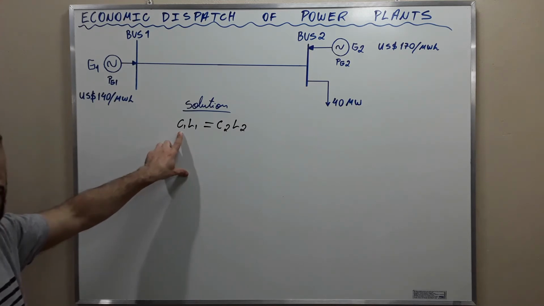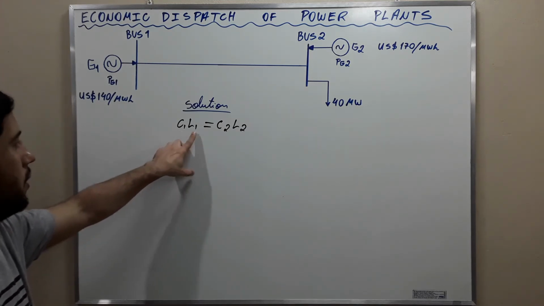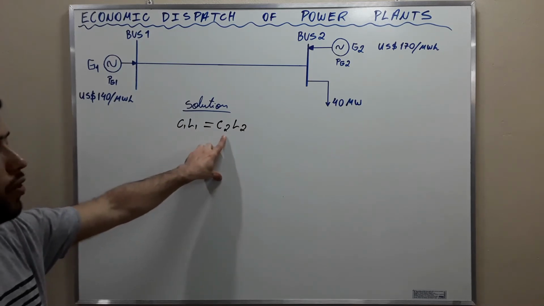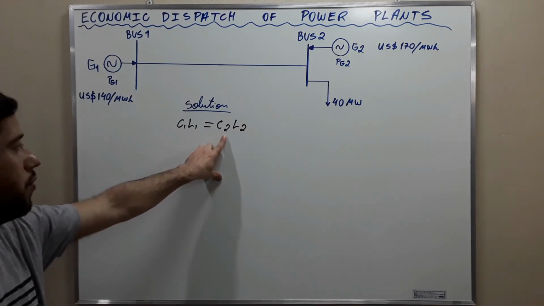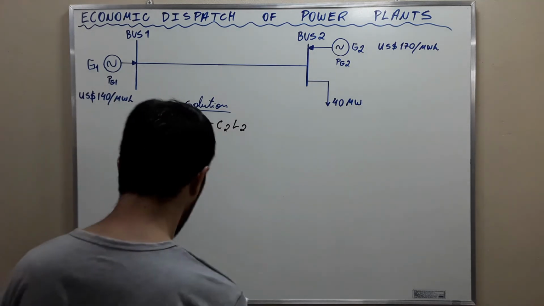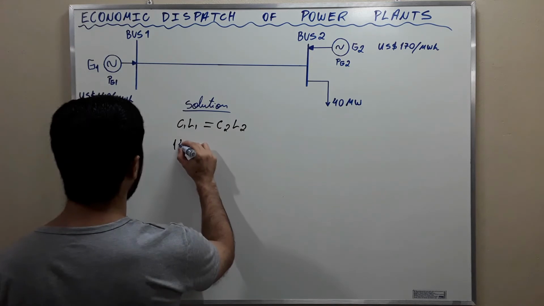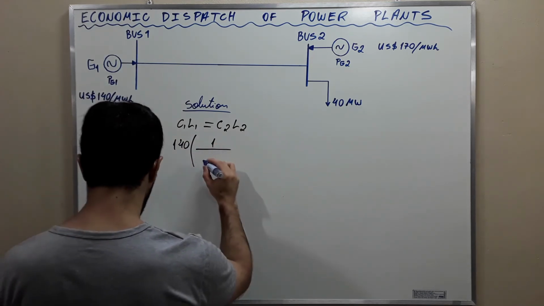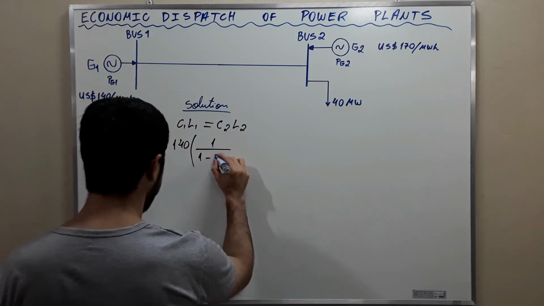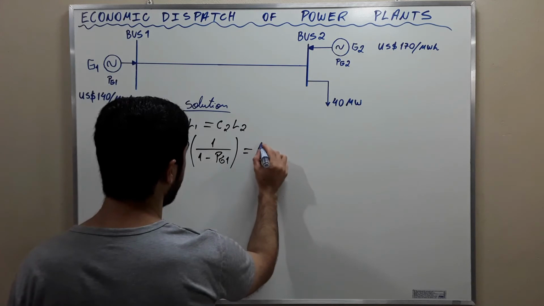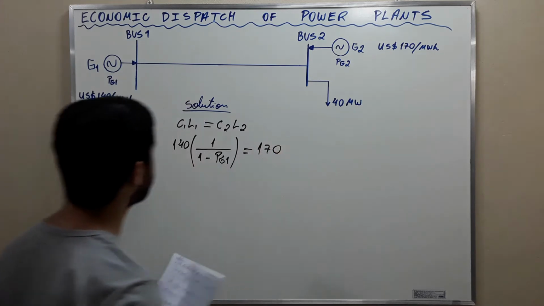The operating cost of generator 1 times the penalty factor of generator 1 is equal to the operating cost of generator 2 times the penalty factor of generator 2. Then 140 times 1 over 1 minus PG1 is equal to 170.